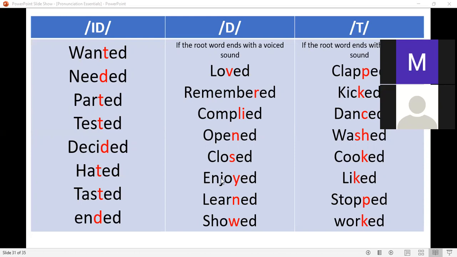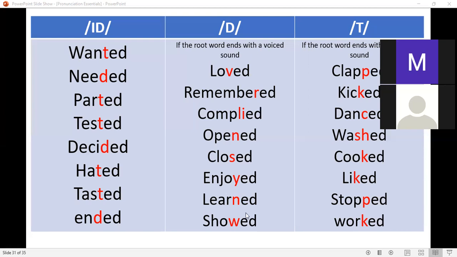Enjoyed, again. Sometimes we add more vowel sound by saying enjoyed, id. No, enjoyed. I said enjoyed. It's enjoyed. Bravo, enjoyed, thank you.